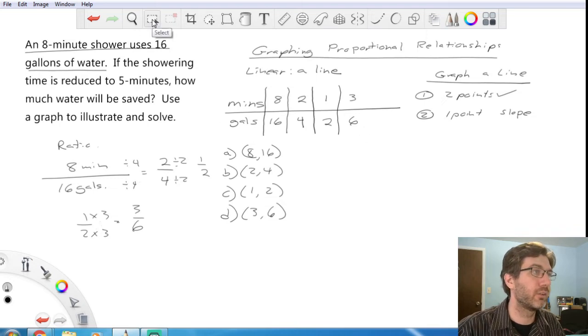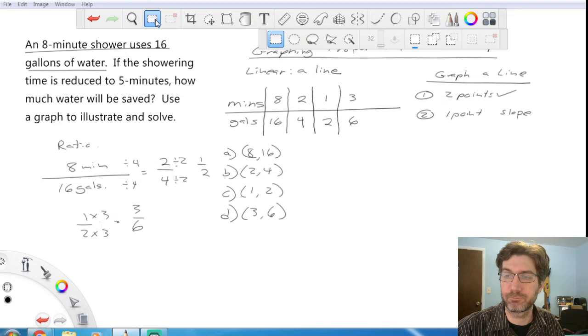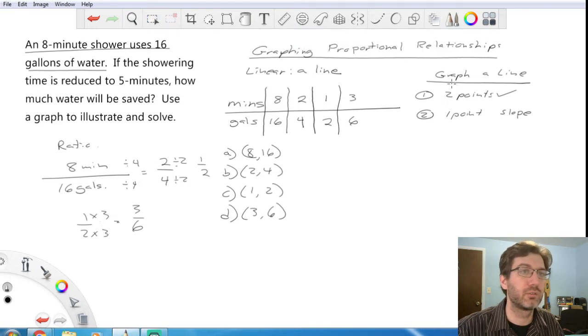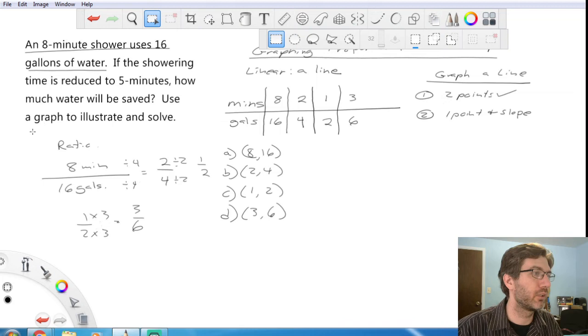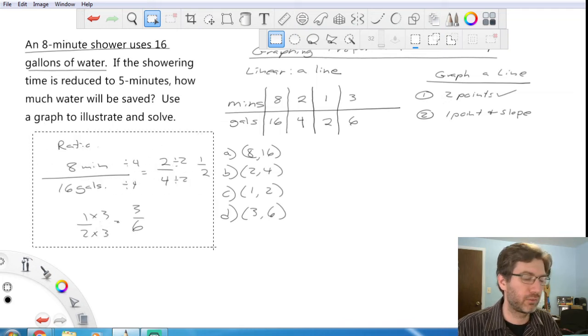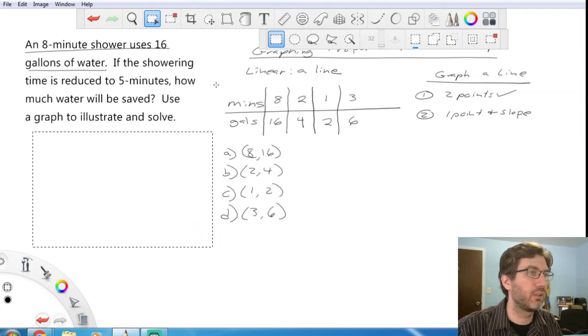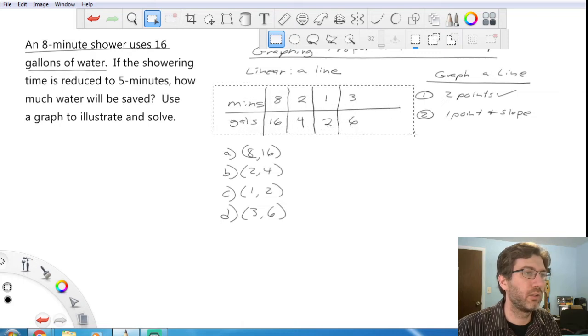So I'm just going to clean up my work a bit. Point and slope. In order to graph a line, you either need to know 2 points or you need to know 1 point and its slope. I'm going to clean this up a bit. Let's see, I don't want this. And I don't want this.